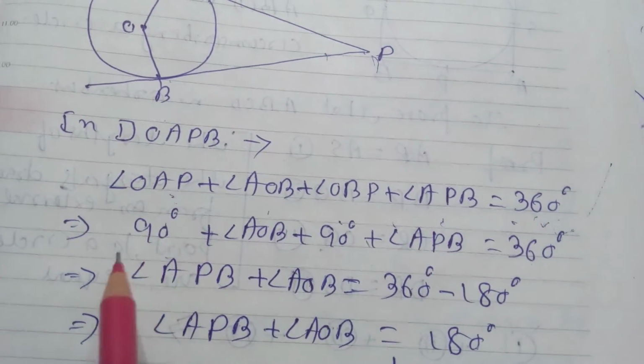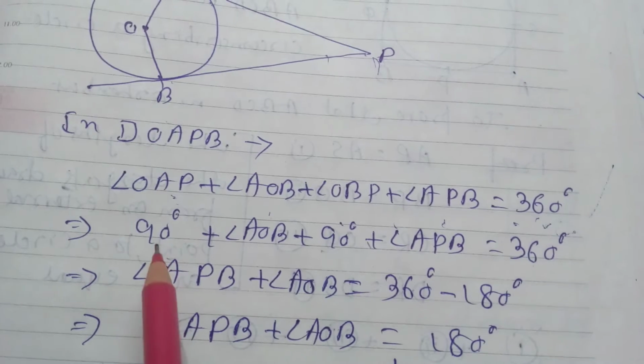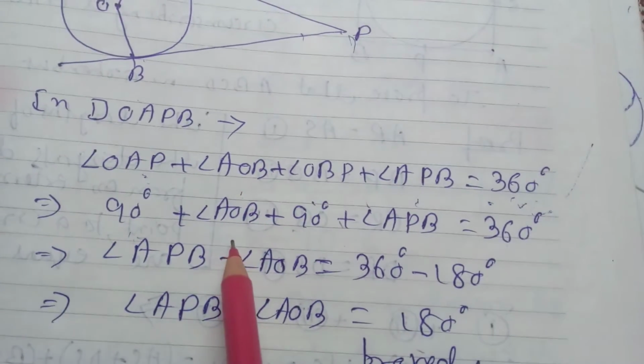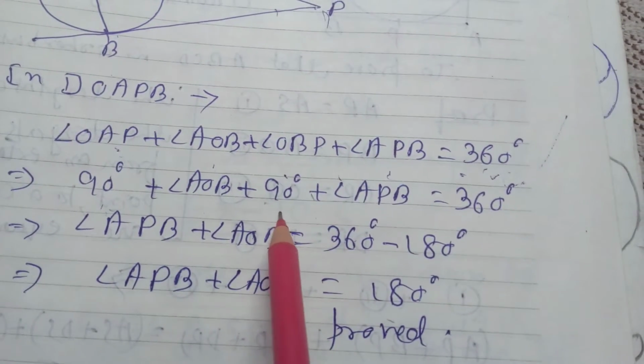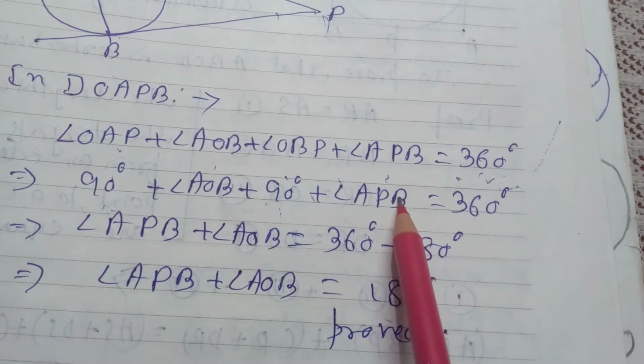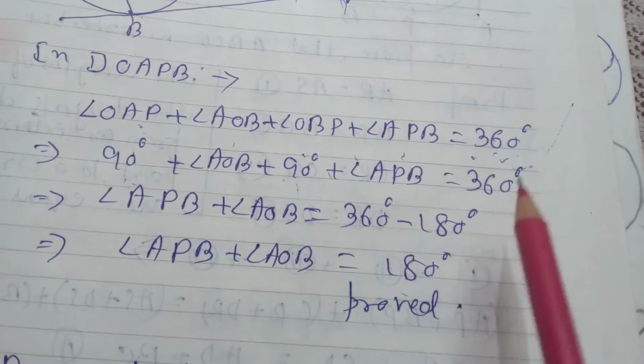Now you put the values. Angle OAP equal to 90 degree. So I have written here 90 degree plus angle AOB plus 90 degree, since angle OBP is 90 degree, plus angle APB equal to 360.